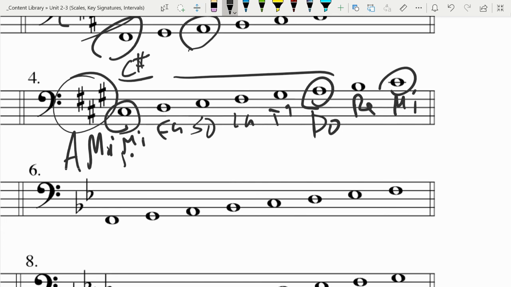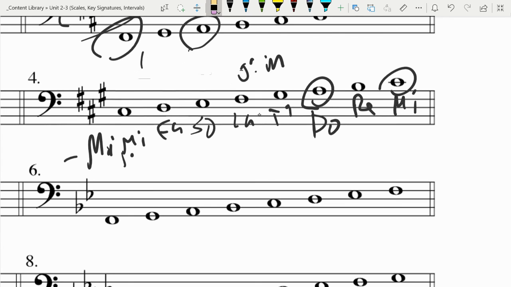So that would be C sharp Phrygian. So that's relative. You're thinking A major has 3 sharps. I'm starting on mi, the 3rd one, mi, do, re, mi, would be Phrygian, C sharp Phrygian, C sharp to C sharp with 3 sharps.